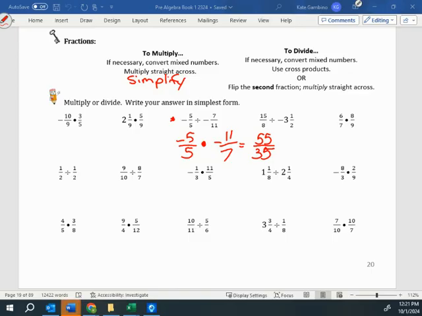I can leave my answer improper, or I can switch to make it proper, to make it a mixed number. Am I done? Is my answer 55 over 35? Would that be a good answer? Why not, Tessa? I need to simplify. I could have simplified right from the start and said 5 over 5 is a 1. Okay, I could have simplified right in the beginning, but I didn't, and that's fine.